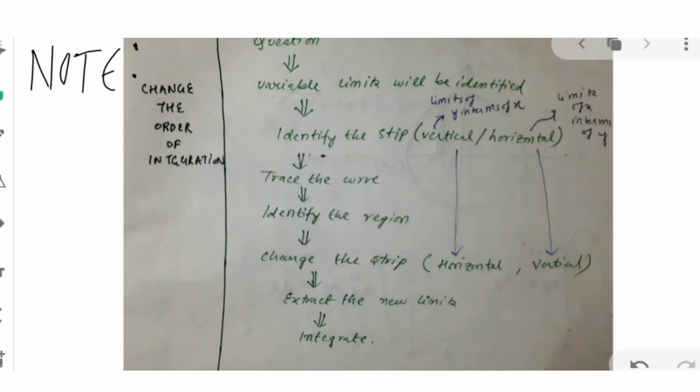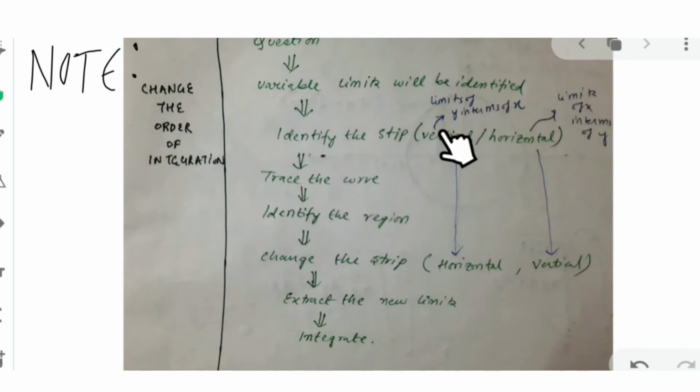Or by looking at the variable limits and the constant limits, we can identify where the vertical strip or the horizontal strip was taken from, observing the given limits. Then we need to trace the curves and plot the graph for the given double integration, and then identify the region it was integrated. Then the main thing, we need to change the strip.